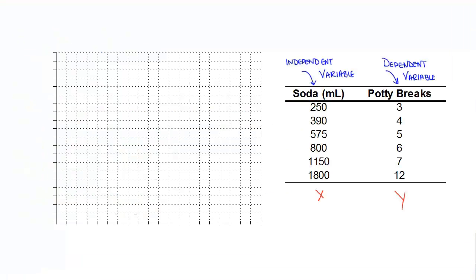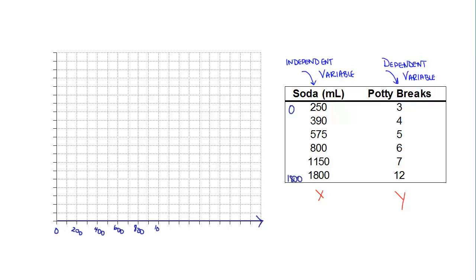So I'm going to show you that here. I'm making my line for my x-axis. So this is going to contain the information regarding the amount of soda that I drank. I need to include all of the numbers from 0 to 1800. And I counted this out. It's a good idea to count out before you actually do your labeling. I counted this out, and I figured that I would have enough room if I gave each square 100 milliliters.